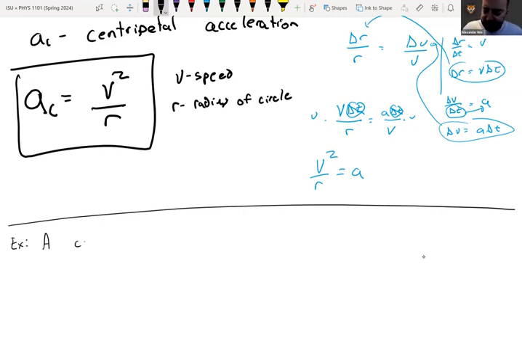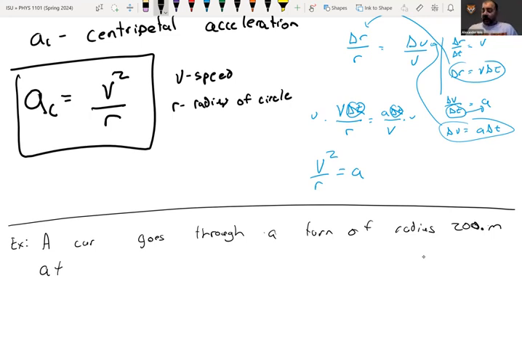A car goes through a turn of radius 200 meters at a speed of 20 meters per second.